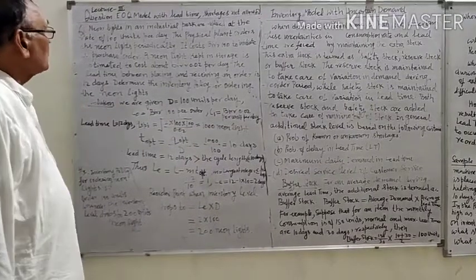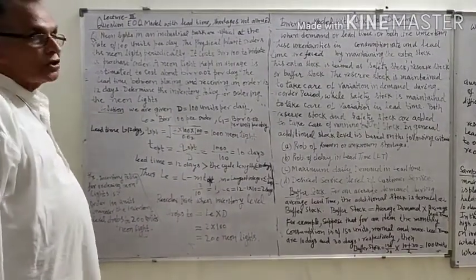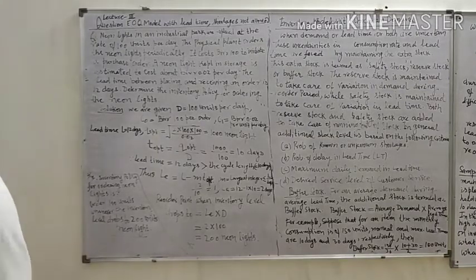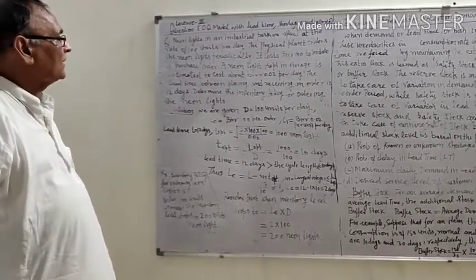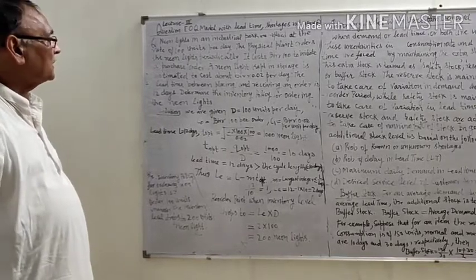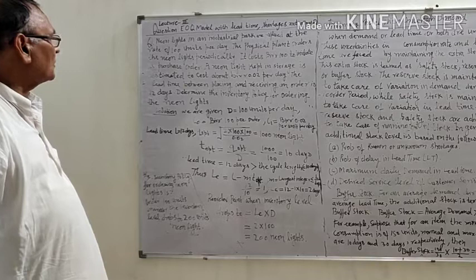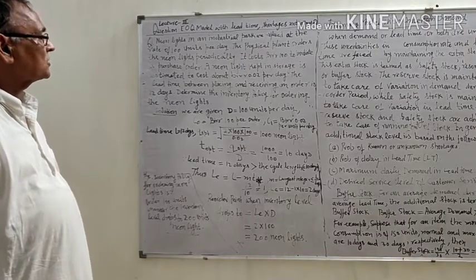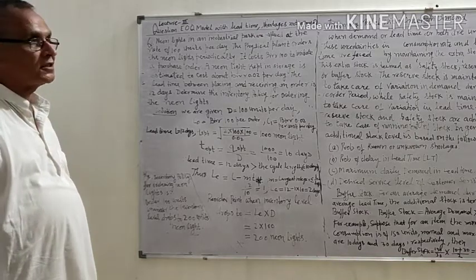Question on the EOQ model with lead time where shortage is not allowed. Neon lights in an industrial park are replaced at the rate of 100 units per day. The physical plant orders the neon lights periodically. It costs 100 to initiate a purchase order.